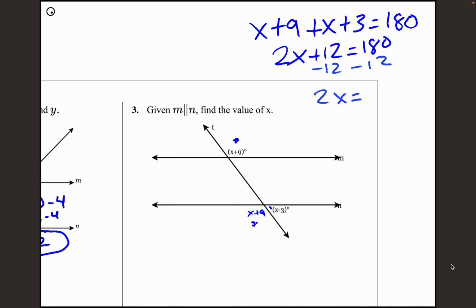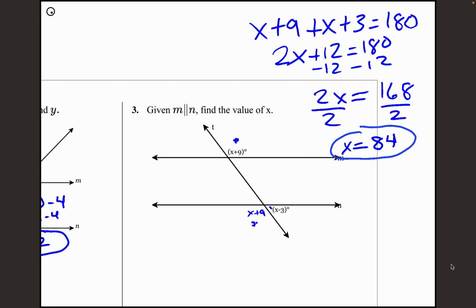I have 2x equals, what's 180 minus 12? Okay. Divide that by 2. And what's 168 divided by 2? And x is 84. Perfect. Okay, do we have any questions so far?